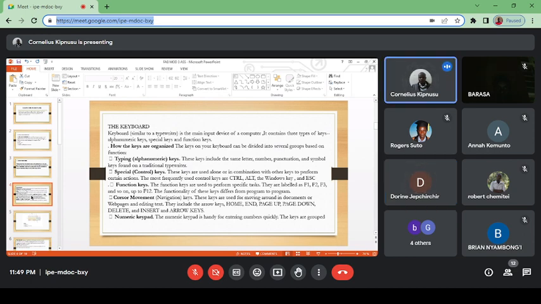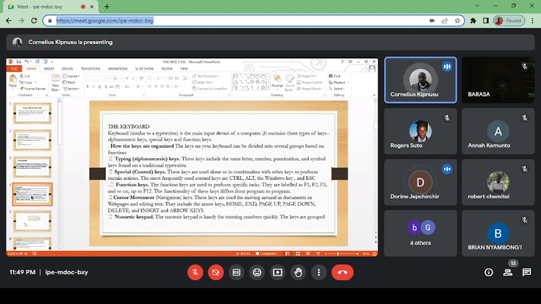The special keys can be used alone or in combination with other keys. For example, we can have Control C, that is a combination of Control plus C used for copying. We can also have Control V, that is for pasting.